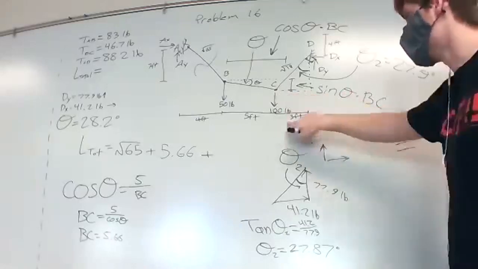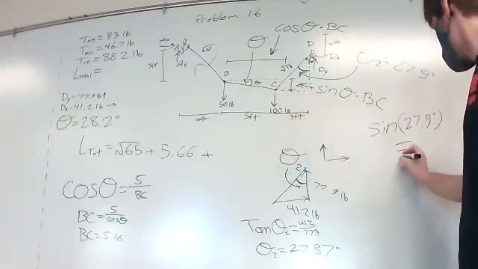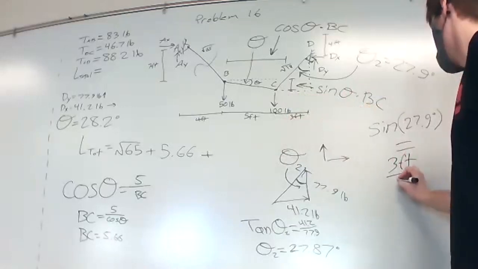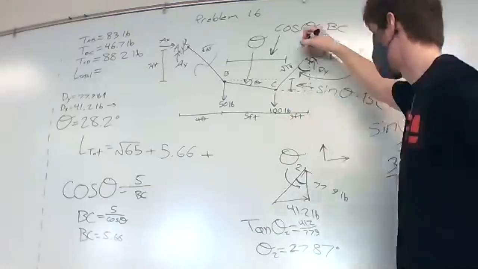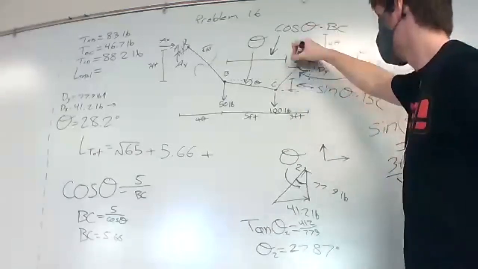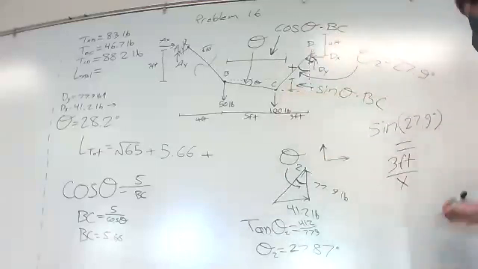This opposite side, which we know is 3 feet, so this is going to be equal to 3 feet over our unknown, which I'm going to label as x.